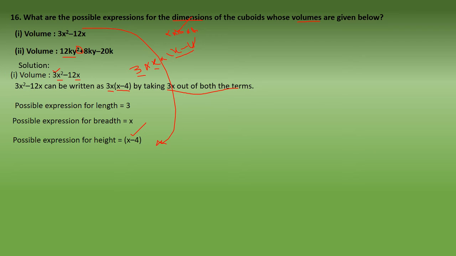So pause the video and try to solve the second subpart yourself before moving further. So let us solve the second subpart. In the second subpart we have 12ky square plus 8ky minus 20k.